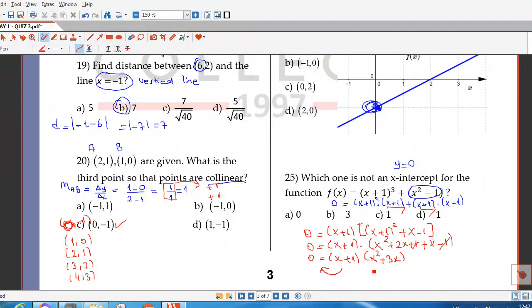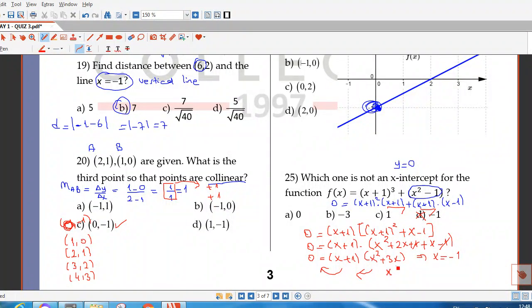If I use zero product property, I am going to see there are three solutions. One of them is -1. So -1 is one of the x-intercepts, but our question is about not an x-intercept.